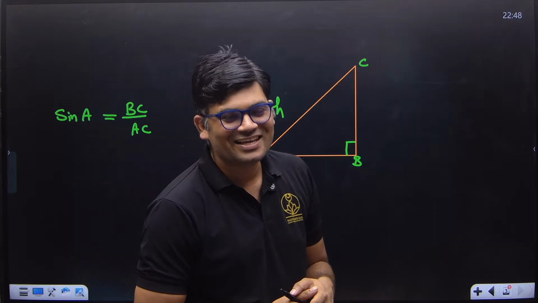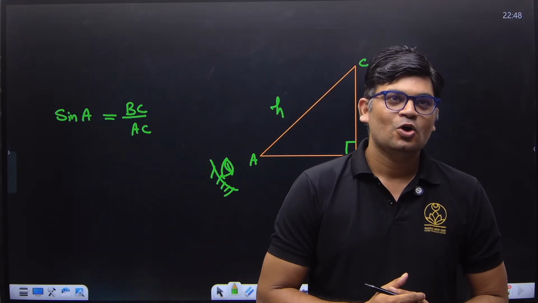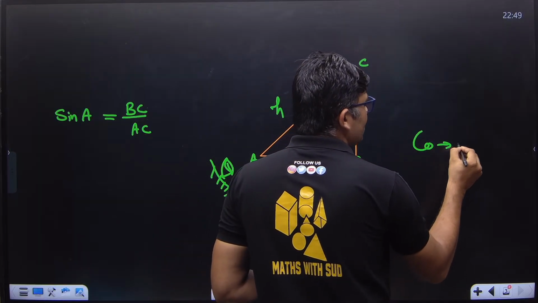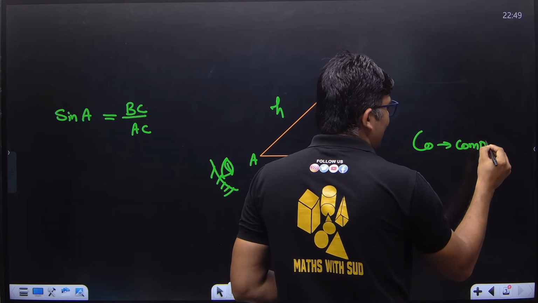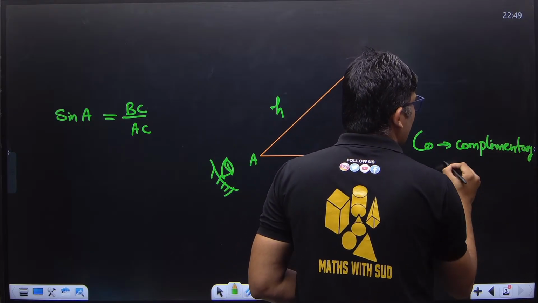But cosine is actually the complementary angle of sine. Co means complementary angle. Can you tell me what are complementary angles?